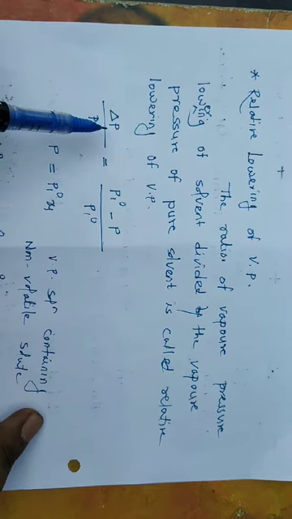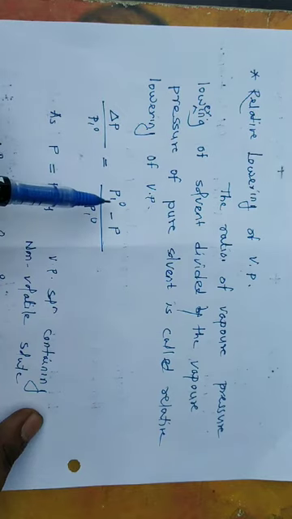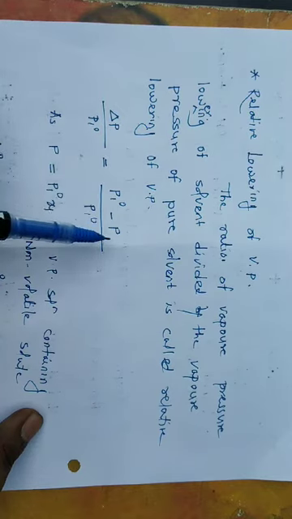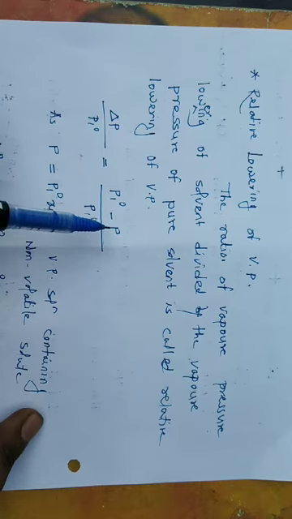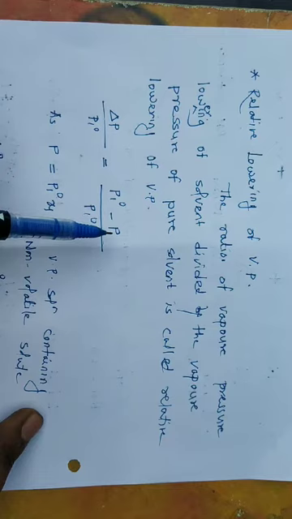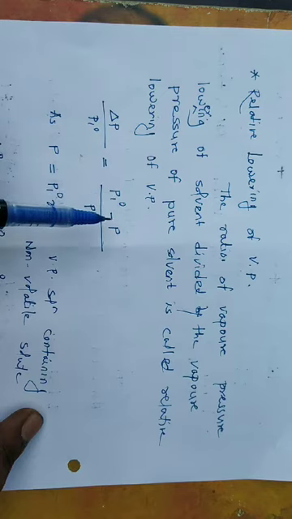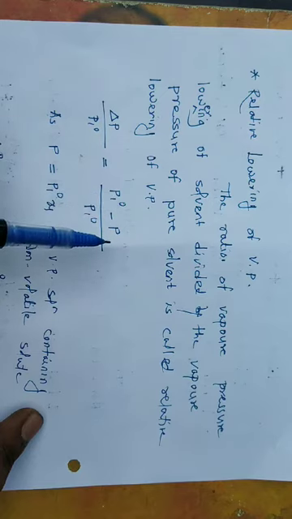Relative change in vapor pressure is delta P upon P1 naught, where P1 naught is the vapor pressure of pure solvent, and delta P is equal to P1 naught minus P. P is the vapor pressure of solution. That is the difference between the vapor pressure of pure solvent and vapor pressure of solution. As we know, the vapor pressure of pure solvent is greater than the vapor pressure of solution when a non-volatile solute is added.